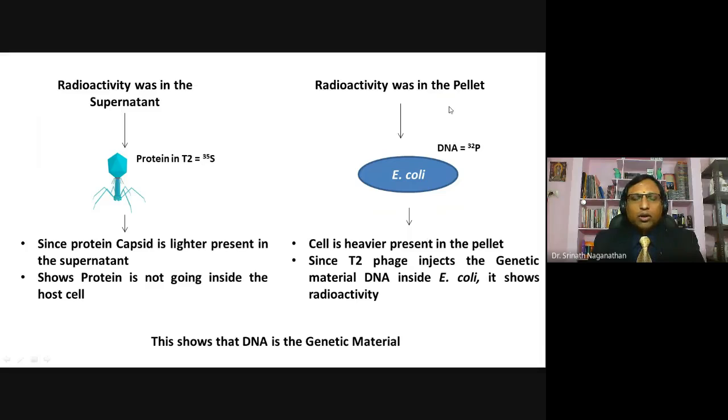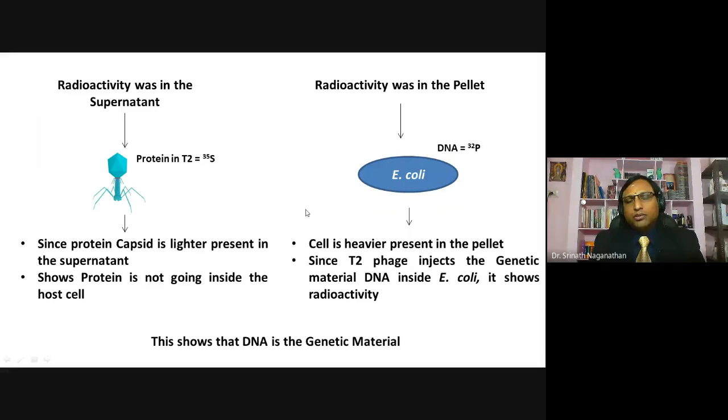In the second experiment, they observed both the supernatant and the pellet and found that the pellet has the radioactivity. From this, they concluded that the bacteriophage has injected its DNA inside the E. coli. That is why it has the P32 DNA of the T2 bacteriophages.